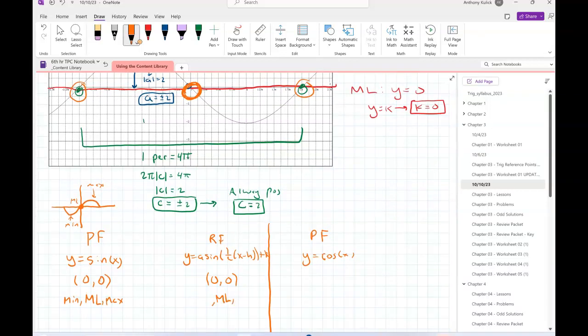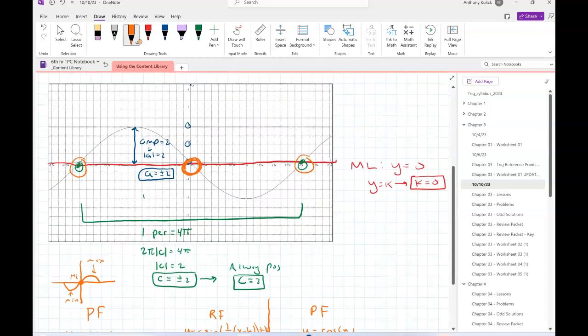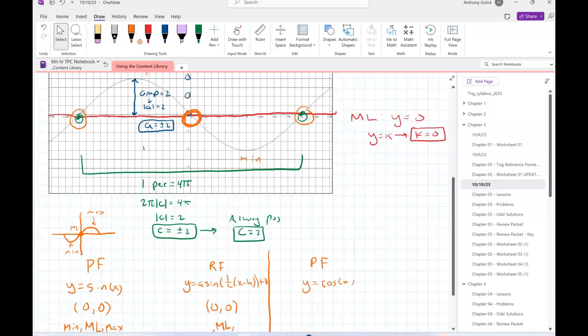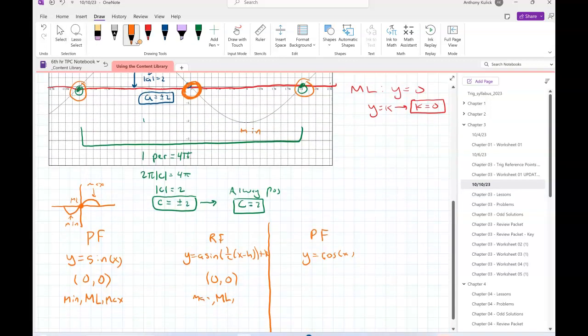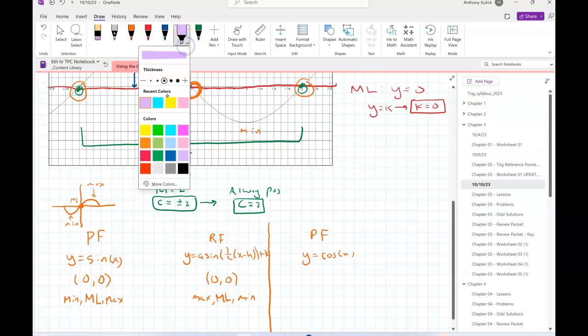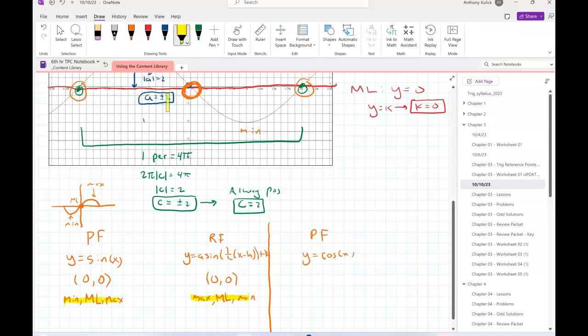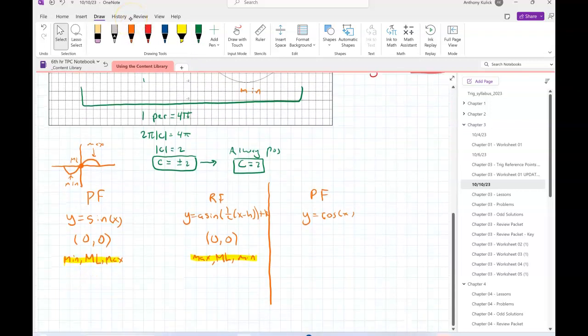Now, the other thing I need to look at from my graph is what precedes that midline point, which is a maximum, and what follows that midline point, which is a minimum. By comparing those, I'm going to get the information to tell me whether A should be positive or negative. Notice that those are reversed, right?